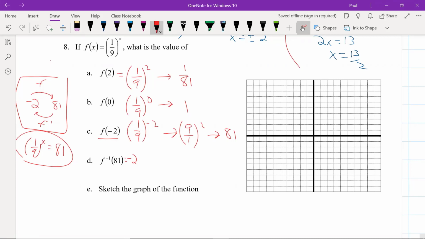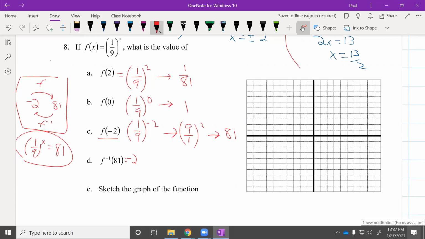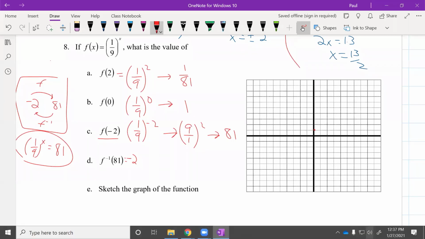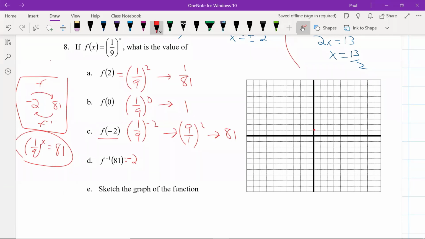All right. Now the graph of 1/9 to the x. We have some points. It doesn't take many points because of how rapidly this thing takes off. At 0, we're at 1. That's always the case. So this is 1 right there. 0 goes to 1. And then if we plug 1 in, 1/9 to the 1 is a 9th. So we're already down here close to the x-axis at 1.